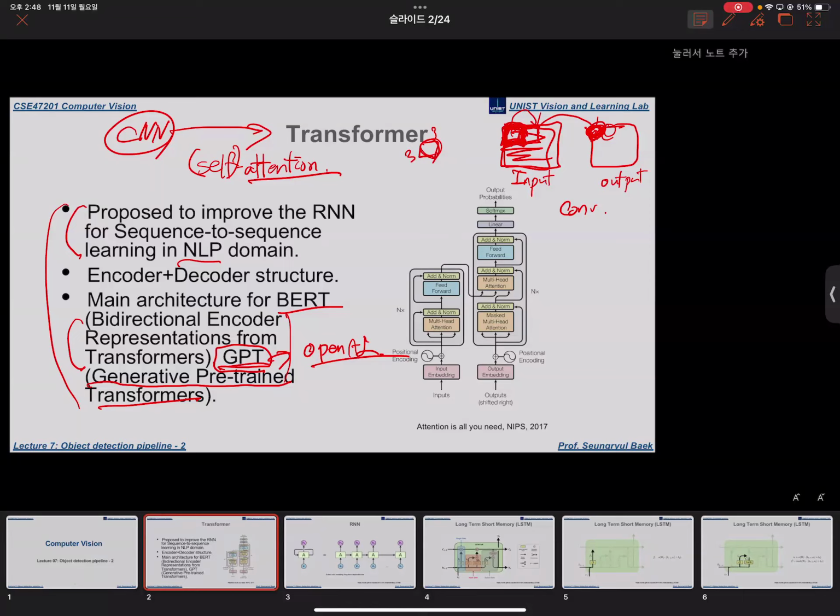They developed the transformer architecture first, and then we extended it to the image domain nowadays, for object detection or other computer vision problems. And we observed that this transformer, their attention mechanism, is actually better than the convolutional operation. So we are now actively using this operation.